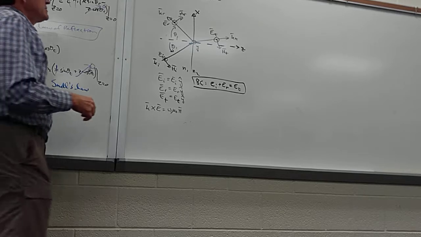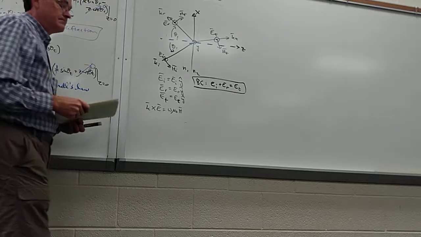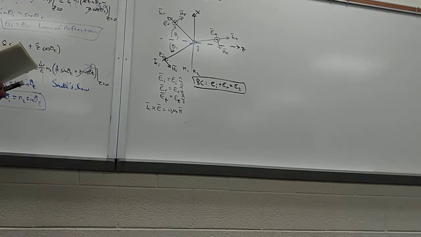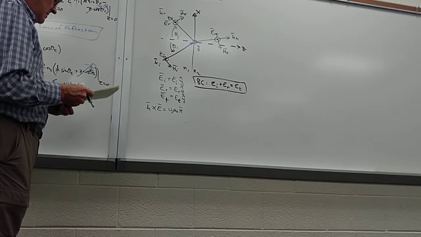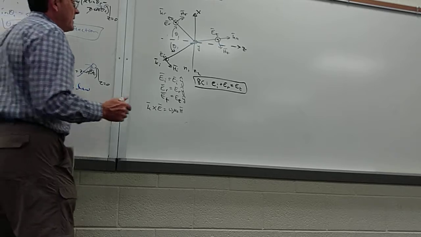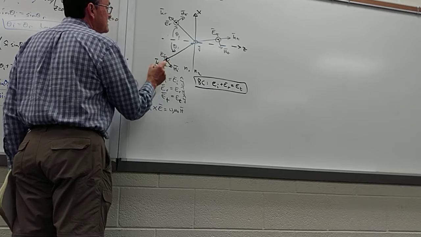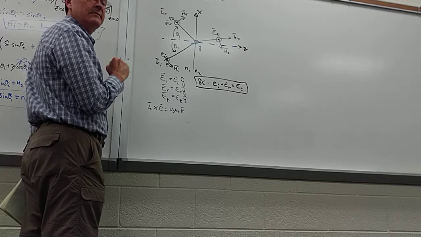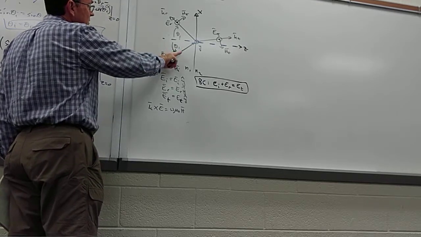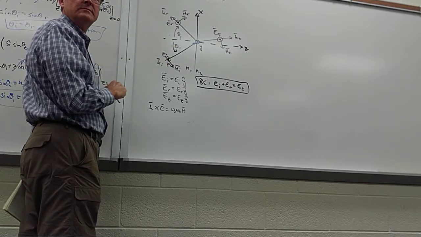So what is the tangential component of H sub I? Yeah, so it's basically this piece right here, right? If that's theta 1, that's theta 1. I mean, you can see that by, if you go this way, then this is going that way, so yeah, it's both theta 1.